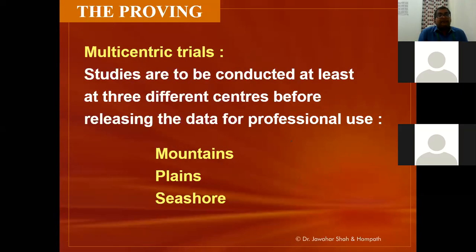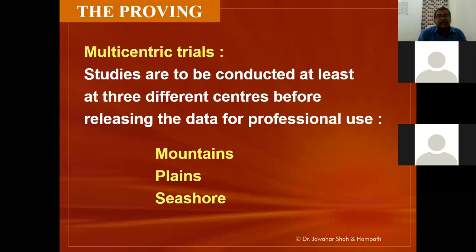Proving multi-centric trials, okay. Now there are many types of provings, like single blind, double blind, multiple blinding. The multi-centric trial studies are to be coordinated at least at 3 different centers before releasing the data for professional use.